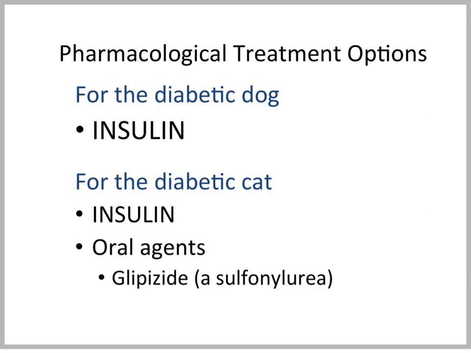So the pharmacological treatment options for the diabetic dog and the diabetic cat, even though we said earlier they probably have different types of diabetes, are really similar.